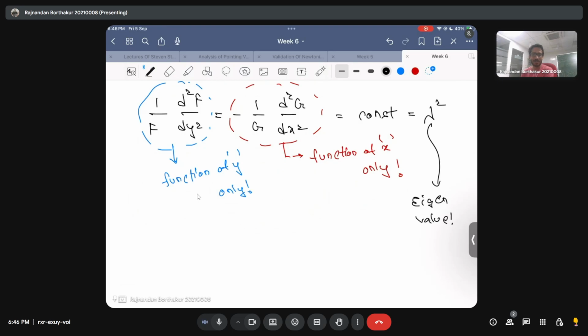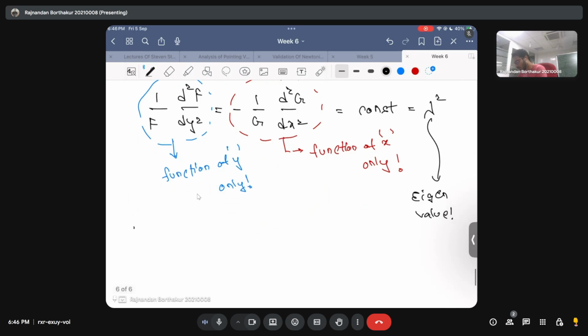But you can also understand that the path we are taking is that we are essentially trying to convert the PDE into an ODE. So as I said, we'll now solve for f and g.